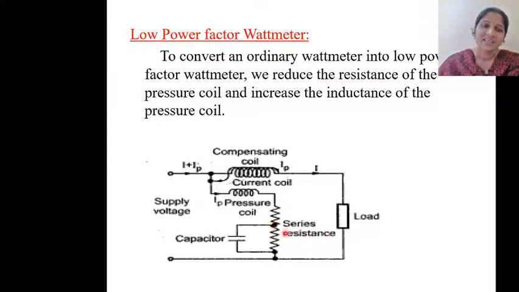Here you will be providing a resistance, and in parallel with the resistance you are providing a capacitor, so that the resistance of the complete pressure coil is also decreased, so that it is converted into an LPF wattmeter. So an LPF wattmeter can be obtained by increasing the inductance of the pressure coil and reducing its resistance. This can be done by using a compensating coil which is connected in series with the pressure coil.